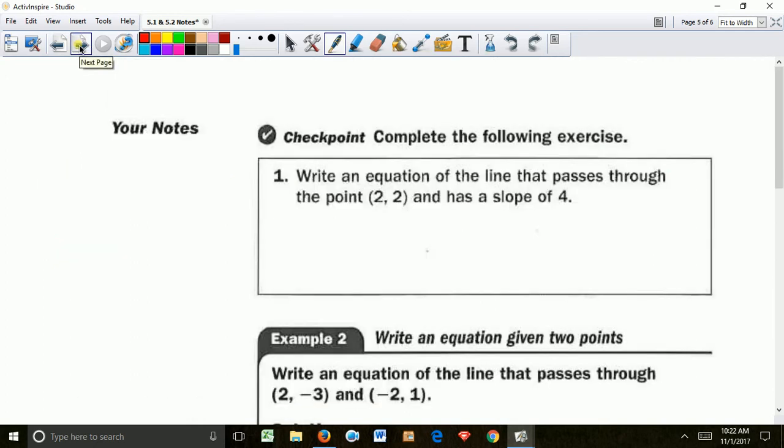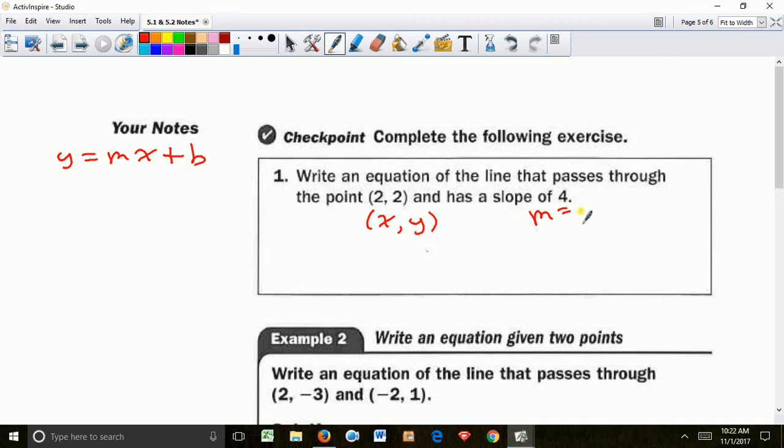Now the checkpoint: write an equation of the line that passes through the point (2, 2) and has a slope of 4. As I said before, first things first, write this in slope-intercept form. The slope is 4.